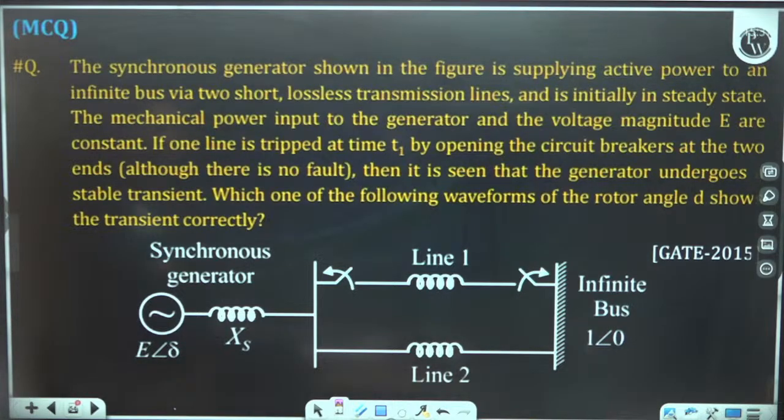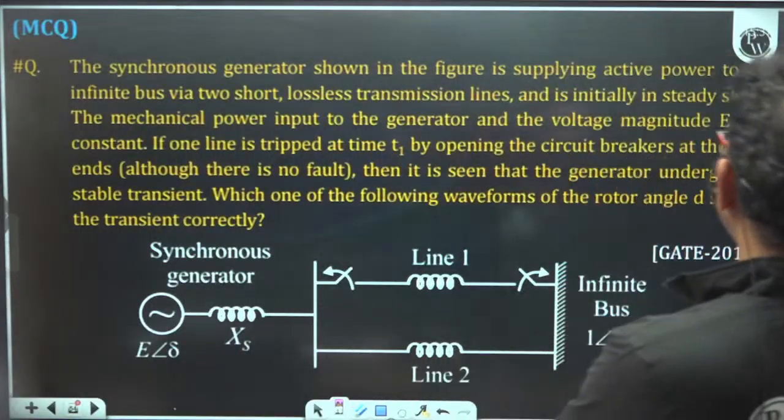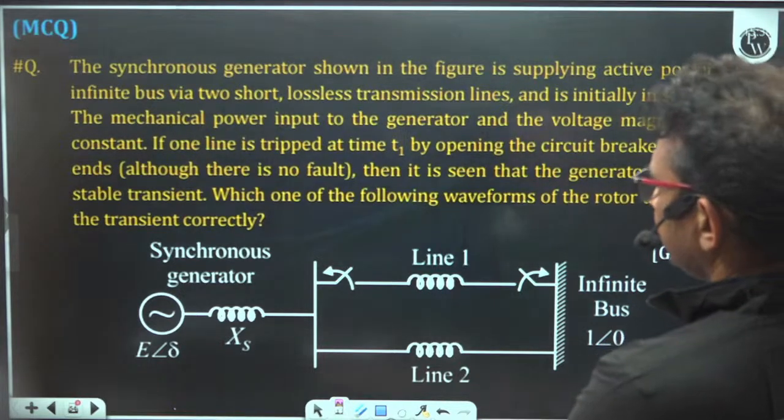The synchronous generator shown in the figure is supplying active power to an infinite bus via two short lossless transmission lines and is initially in the steady state. The mechanical power input to the generator and the voltage magnitude E are constant. If one line is tripped at the time T1 by opening the circuit breaker at the two ends, then it is seen that the generator undergoes a stable transient.